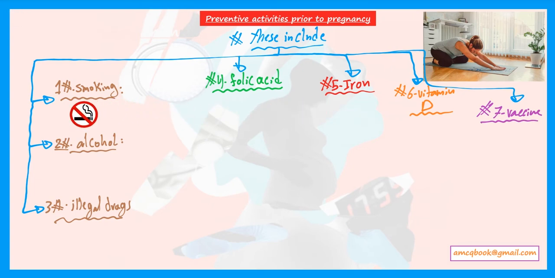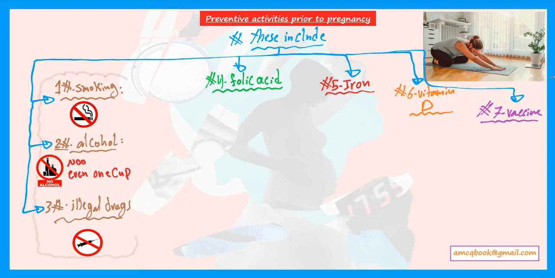Okay? And alcohol is totally contraindicated, even not one cup. Please, even not one cup. So not a spoon of alcohol, nothing related to alcohol. And illegal drugs are totally contraindicated in pregnancy.